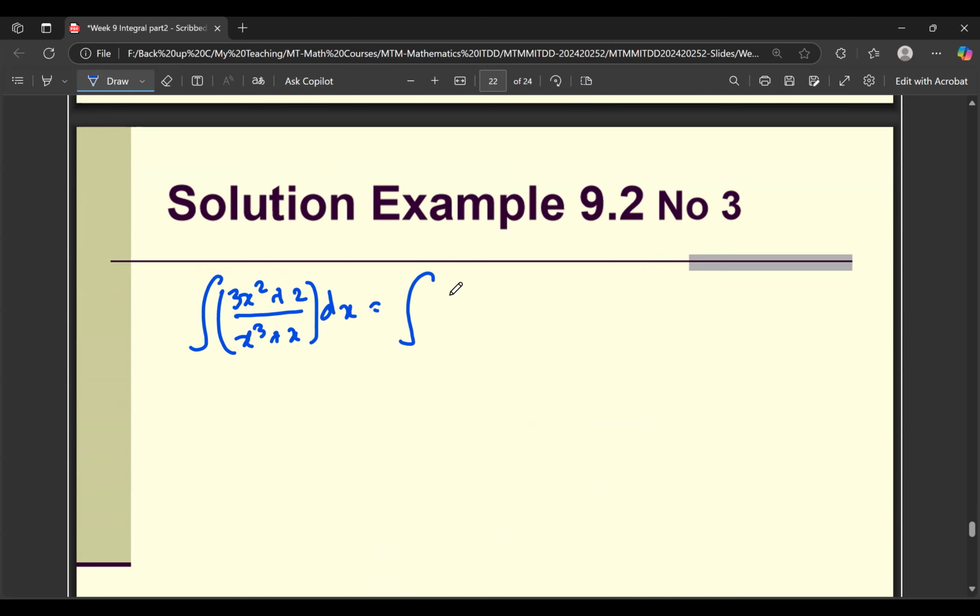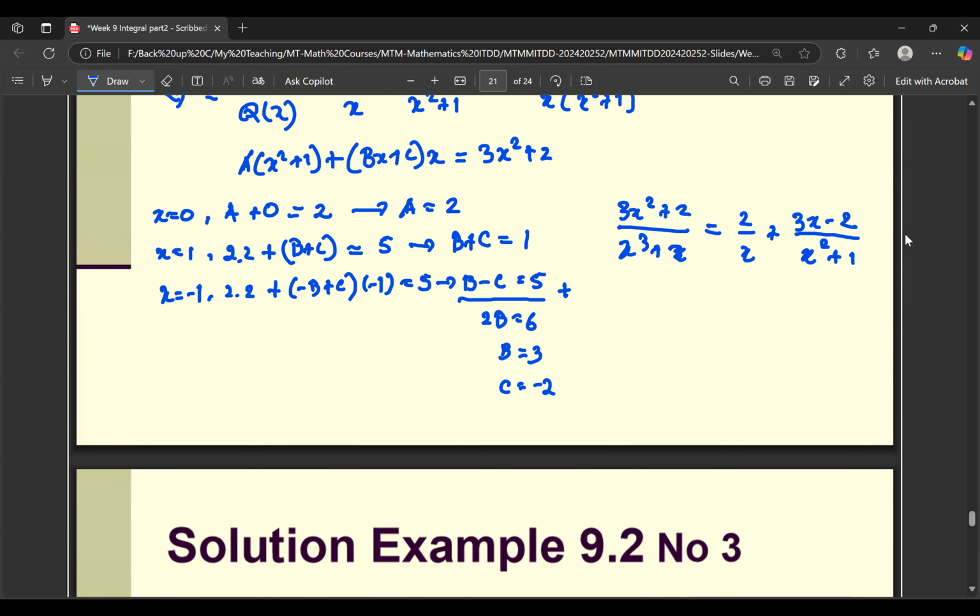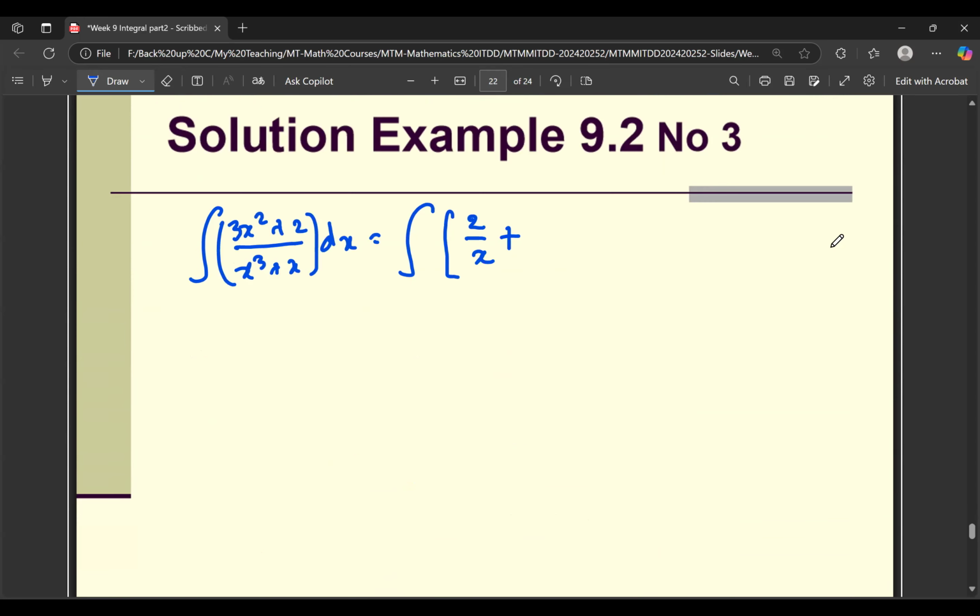It becomes two components: 2 divided by x plus 3x minus 2 divided by x squared plus 1 dx.